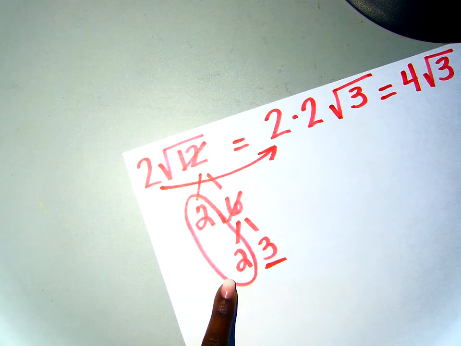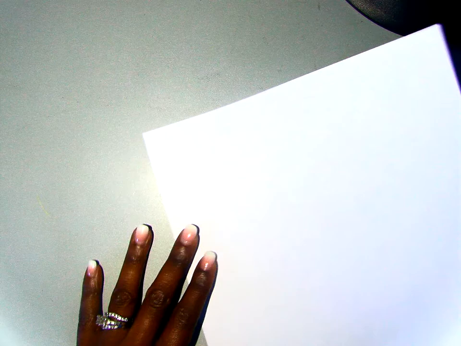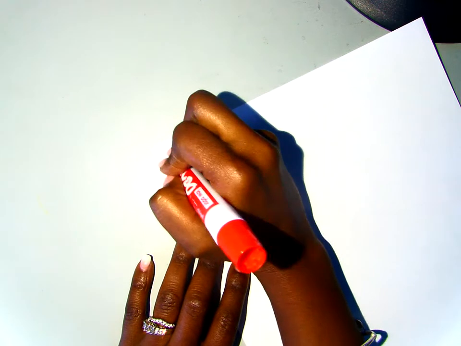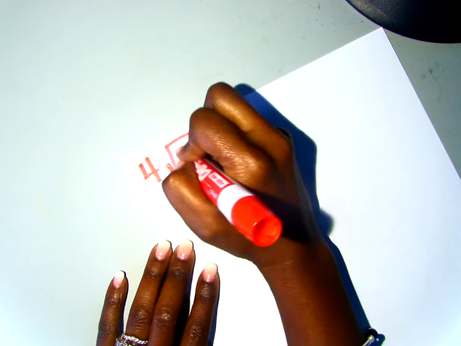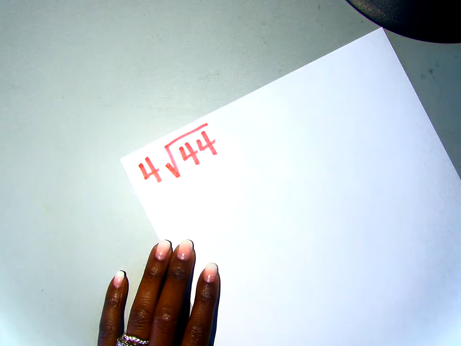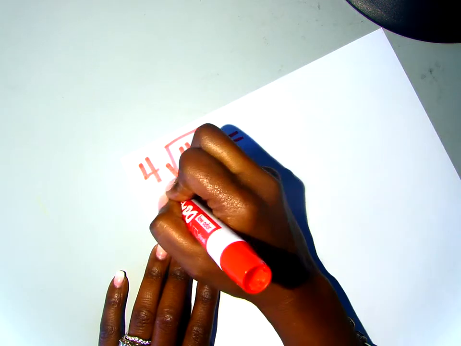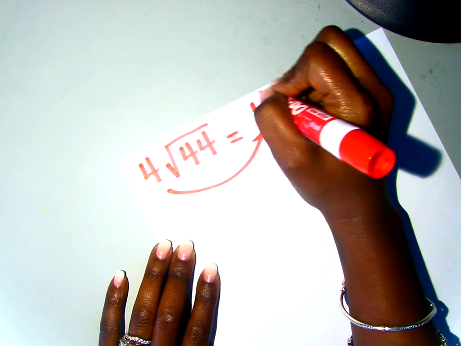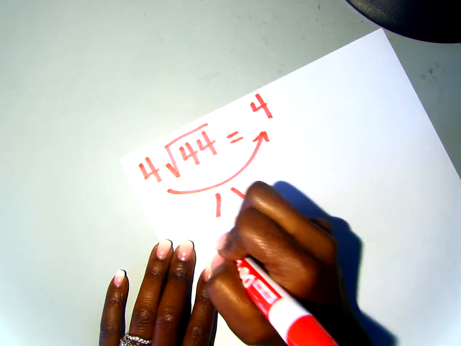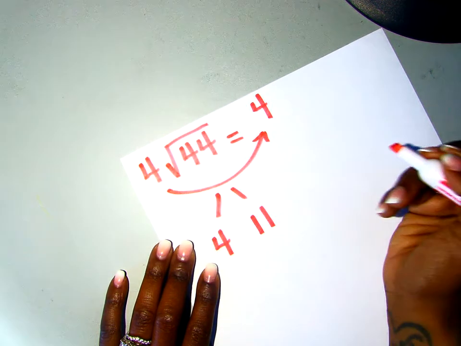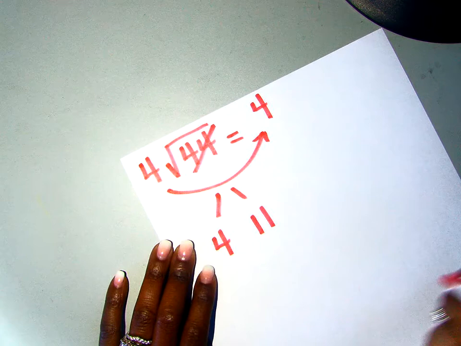Okay? Let's do one more. Let's do 4 square root of 44. Okay? I'm going to go ahead and bring that 4 over because it's already outside of the radical. Then I'm going to break down 44, which is 4 and 11. Cross that out.